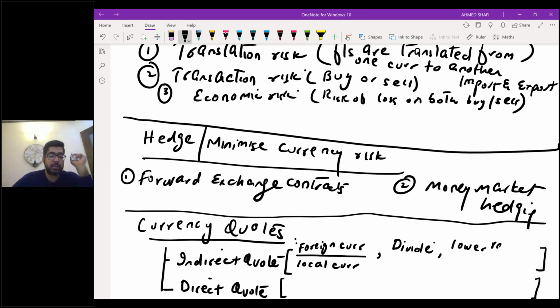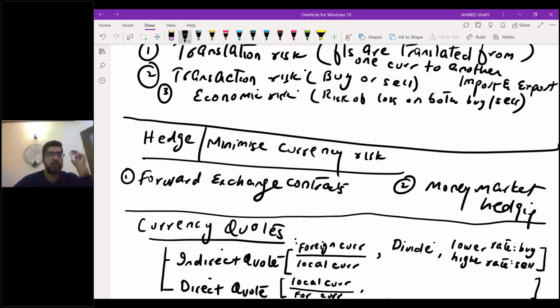Whereas in direct quote, local currency comes in the numerator and foreign currency comes in the denominator. So whenever you see in the question that the company's home currency is in the numerator and foreign currency in the denominator, that's a direct quote. Whenever you find a direct quote, you always multiply to convert.